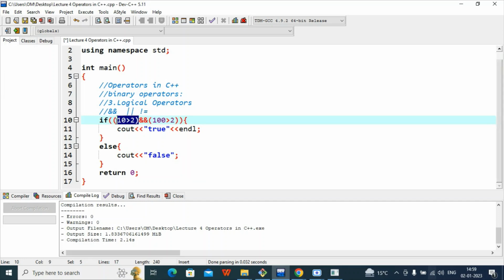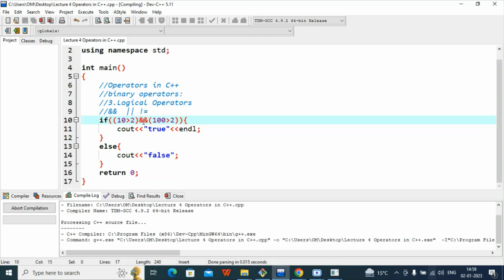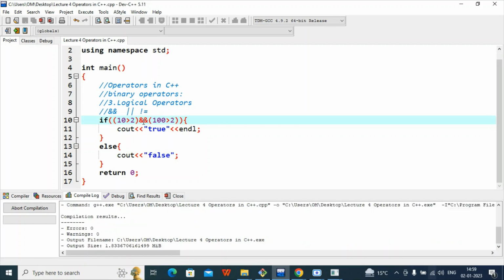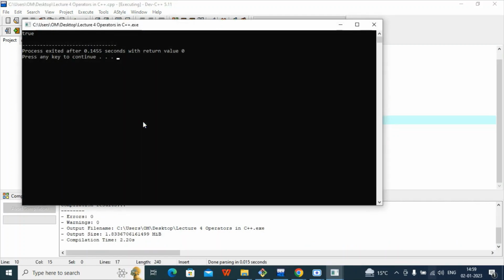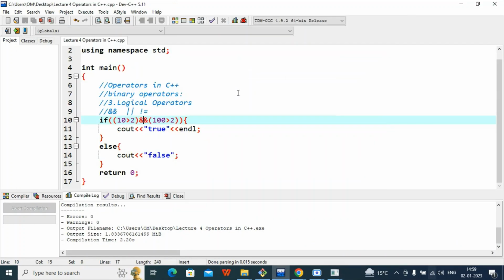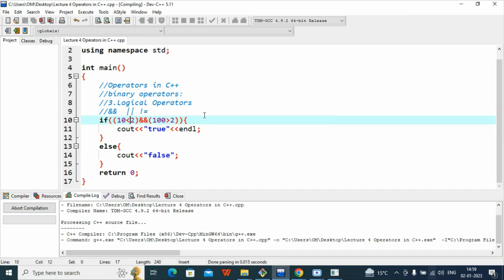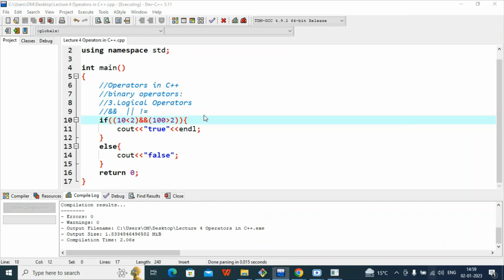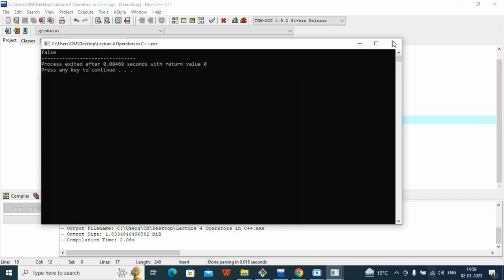If both conditions are true, then only this will give you true, because you have used the and operator. If I change the sign, 2 is greater than 10 but 100 is greater than 2, this will give you false, because both conditions are not satisfied, right?